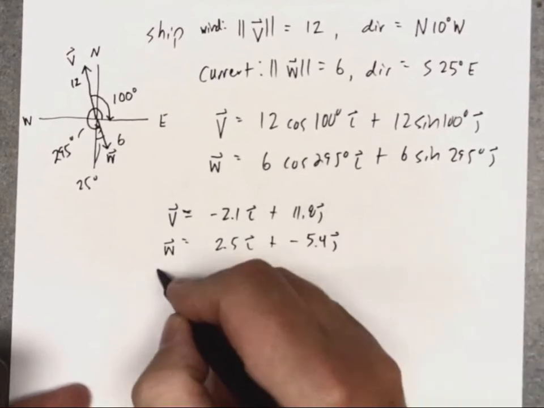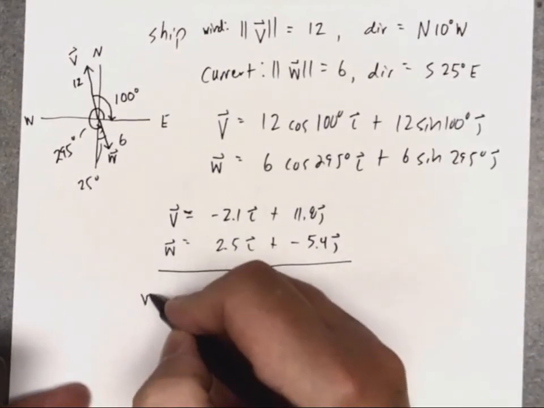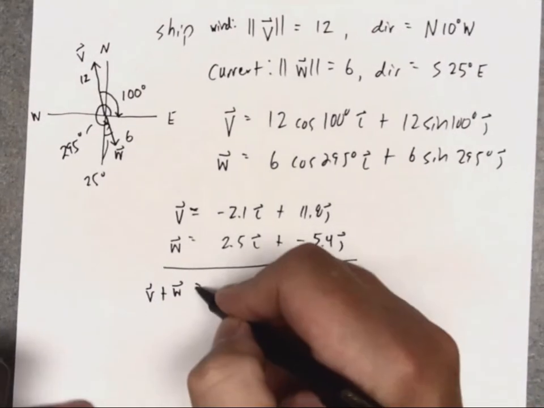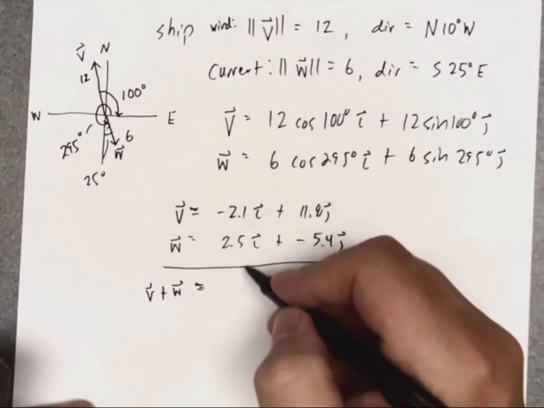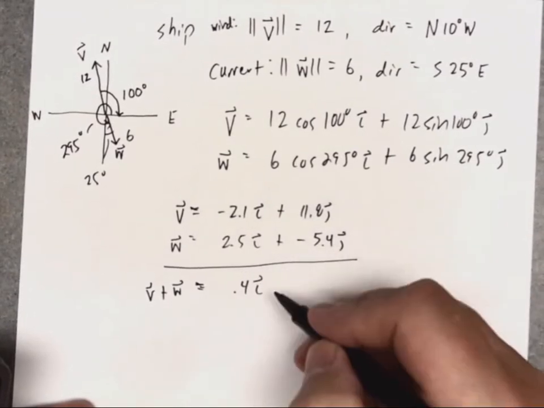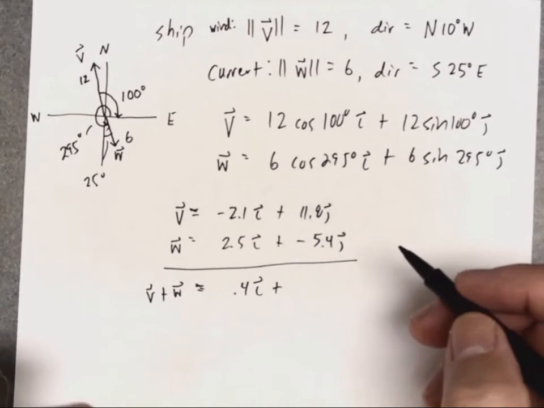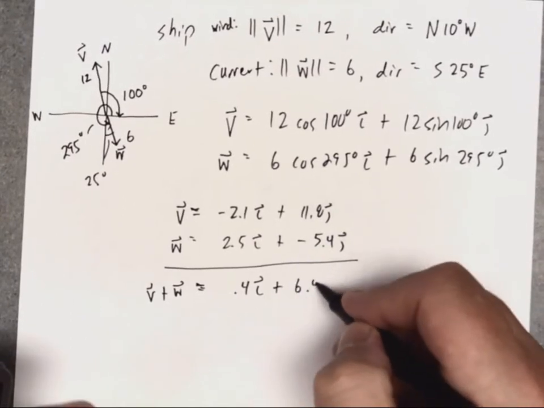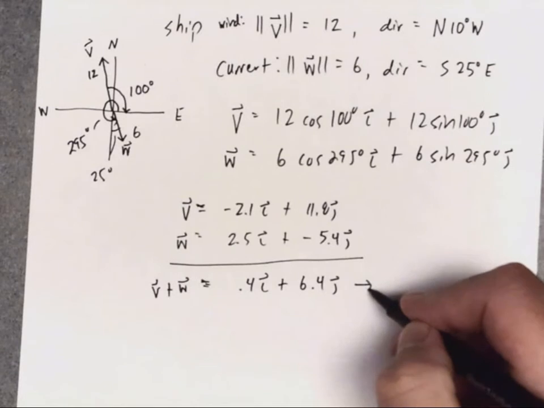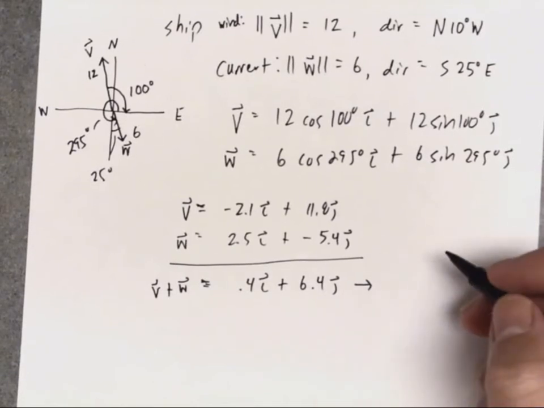Now, to see the combined effect of the wind and the current, you sort of add them together. In this case, you're going to get 0.4 I plus 6.4 j. So that's my final vector. But now I need to convert it to magnitude and direction.